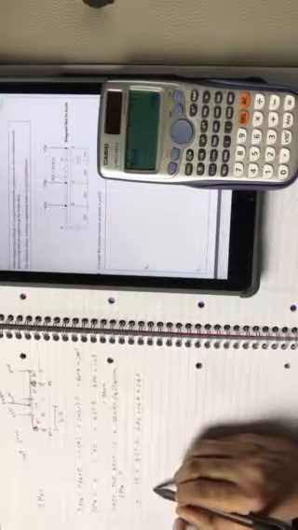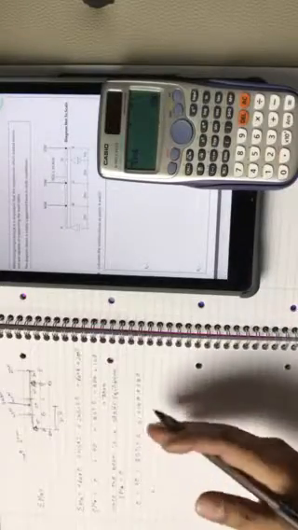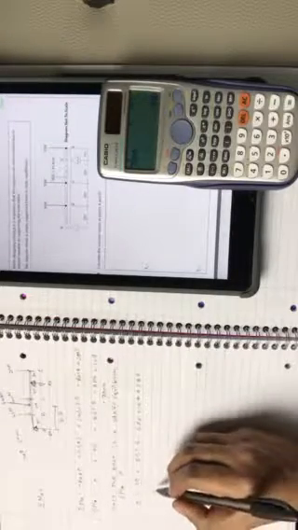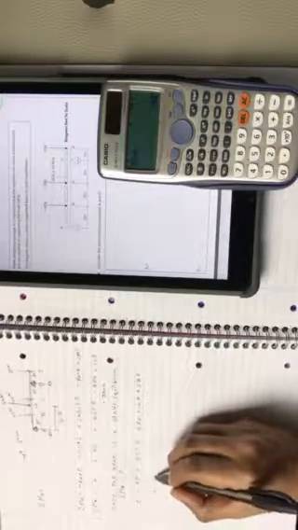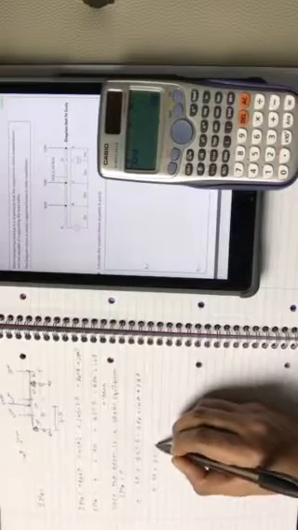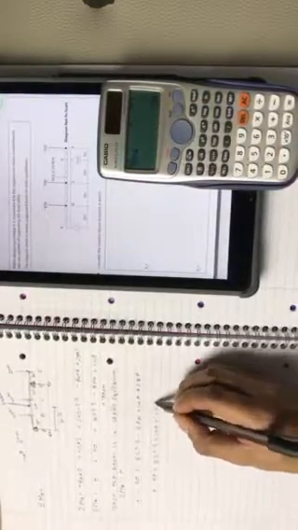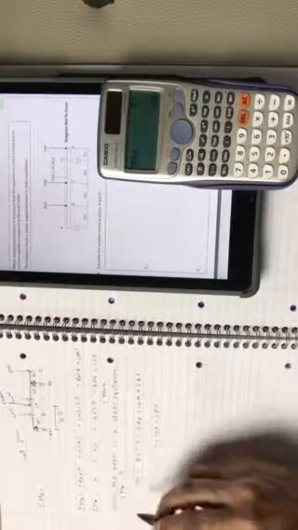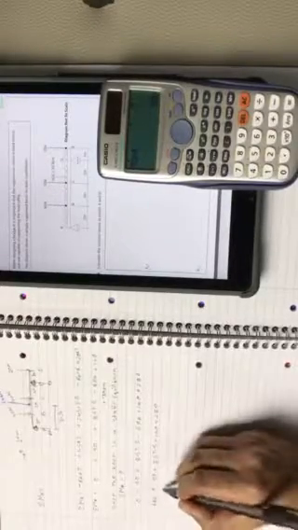Solving for RD, I'm going to get all the numbers on one side and unknowns on the other. So 90 plus 857.5 plus 140 plus 280 will be equal to minus 6 RD. When it goes on the other side of the equal to sign, it goes as positive 6 RD.